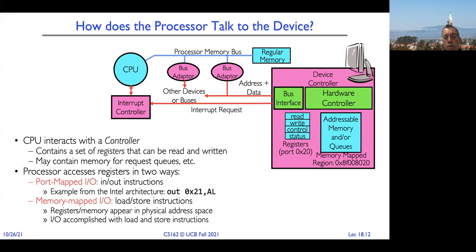And basically out 0x1, AL means that the content of register AL will be written to the output at that address. And you have the corresponding in from a particular port address, and then the data from that port is going to be written in register AL, for instance.